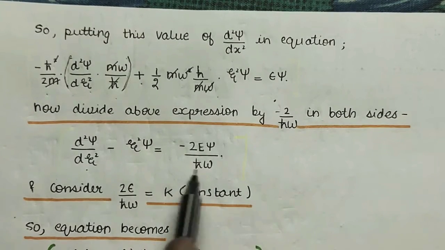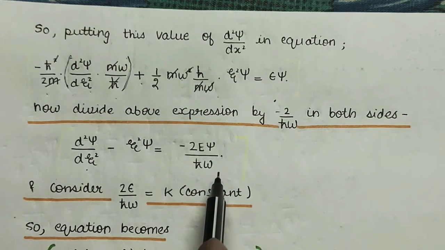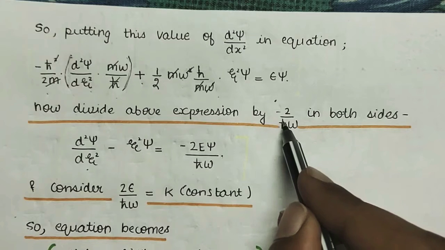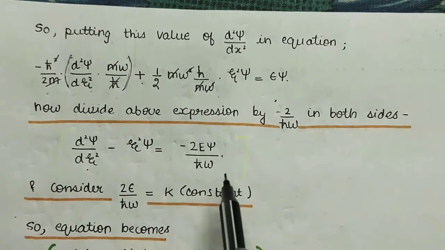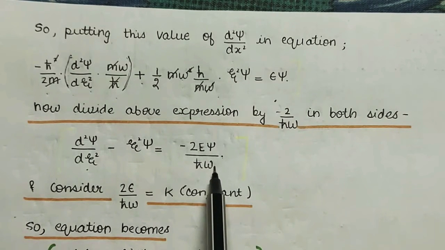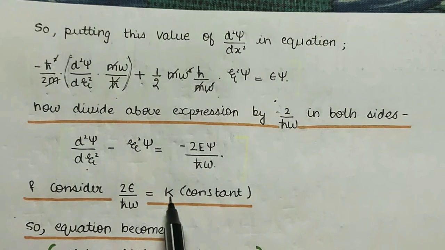So this equation comes from there by dividing by −2/ħω on both sides. We get this. Now we assume that 2E/ħω equals k, which can be treated as a constant.